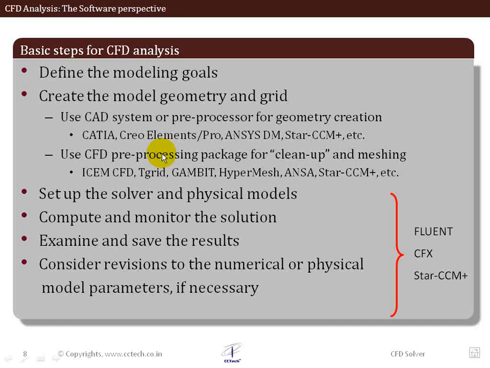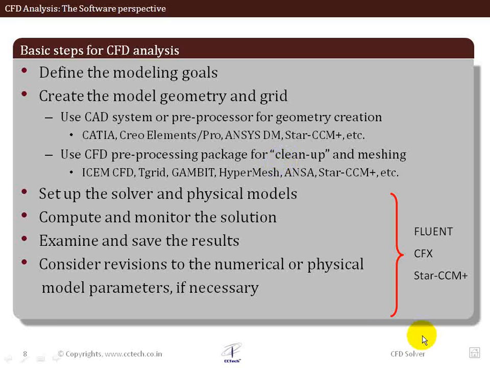Once we have the geometry ready, we need to create the mesh, which is the discretized form of the geometry in which the equations have to be solved. So that's called the pre-processing step in CFD. It may sometimes involve a lot of data losses when you're shifting from a CAD package to CFD. So you might have to do some cleanup, that is, to remove repetitive surfaces or to remove some problems with holes.